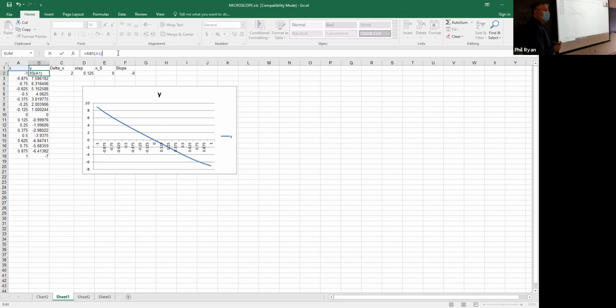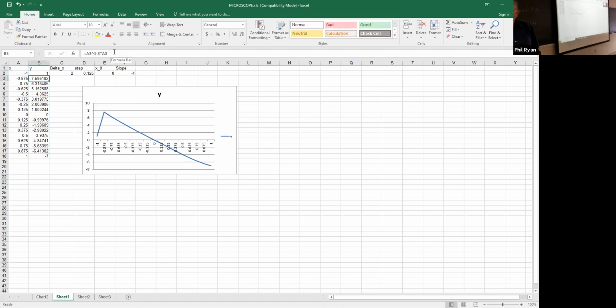Now, the way that Excel works is you can put in formulas, and if you want to refer to another cell, you've got to give it the address. So A1 is whatever number is in this A column and the one, oh no, sorry, it should be A2. A1 is not a number. A2 is going to be this number right here. And what's the absolute value of -1? 1.